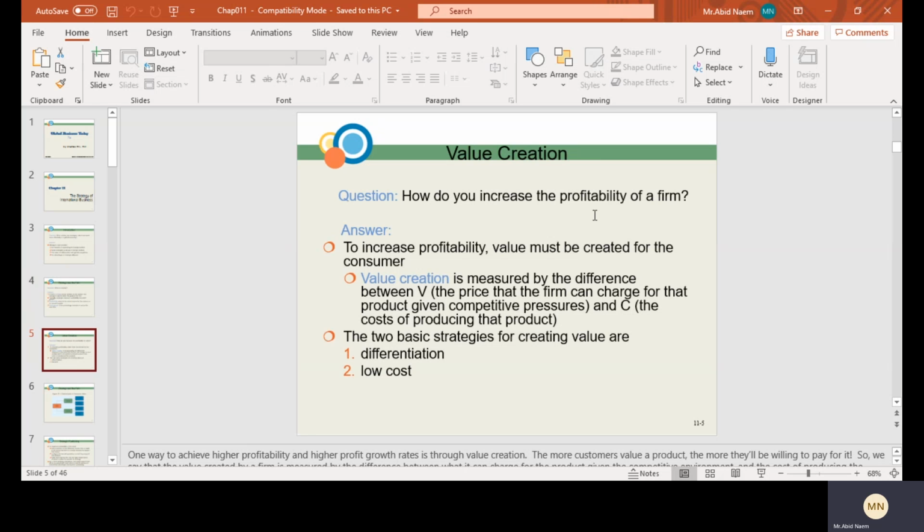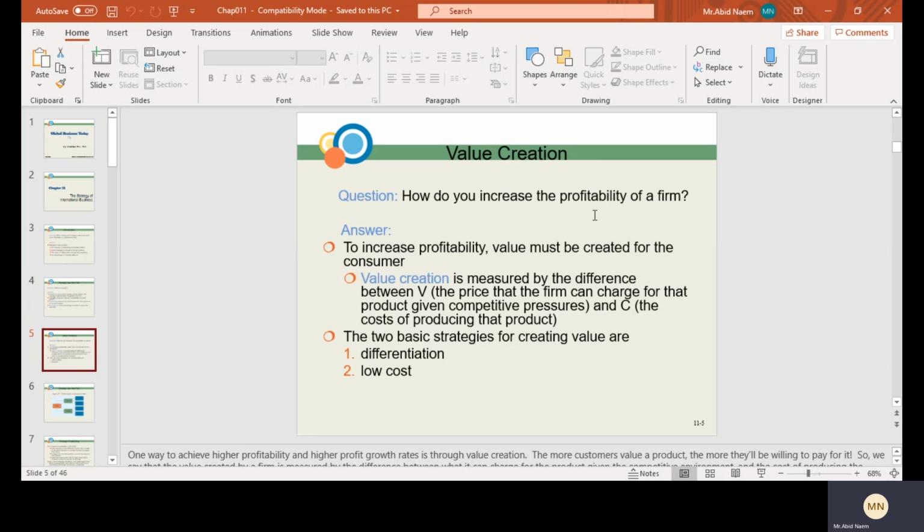Simply put, value can be translated into tangible products as well as intangible services which your firm is going to provide to potential and existing customers. Value creation is measured by the difference between V, the price that the firm can charge for the product given competitive pressure, which is the cost a consumer has to pay to avail your products or services, and C, the cost of producing that product.